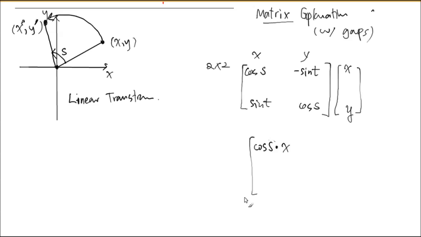You multiply there, and x there is sine s times x. Okay? And here you multiply negative sine s times y. Multiply y down there, cosine s times y. And you bracket. Doesn't it still look like a matrix with the different 4 entries? But it is supposed to be this coordinate.